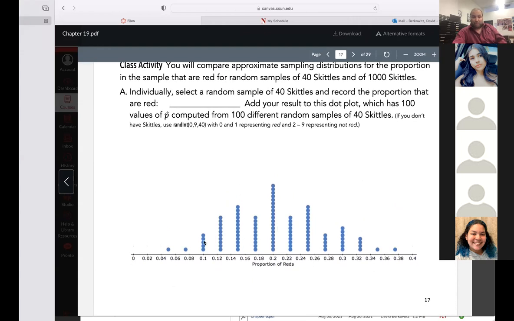Okay. In this example, if I want an interval, going left and right from the center, that contains 95% of my data points, 95% of my dots, how far do I need to go left and right from the center to get approximately at least 95% of my data points?